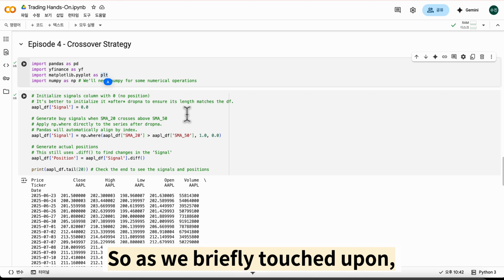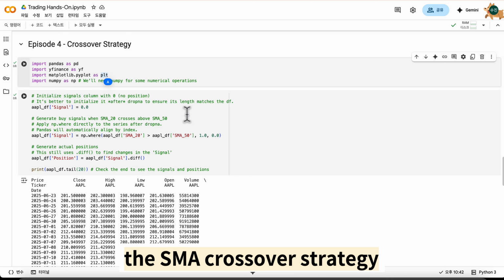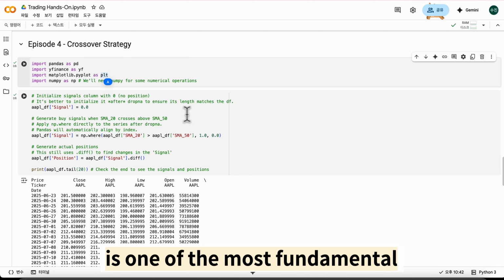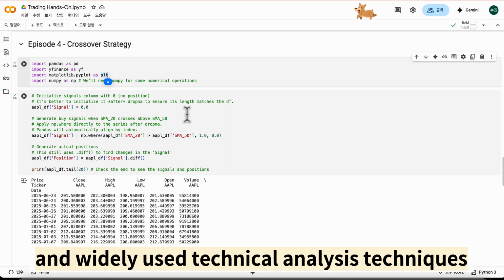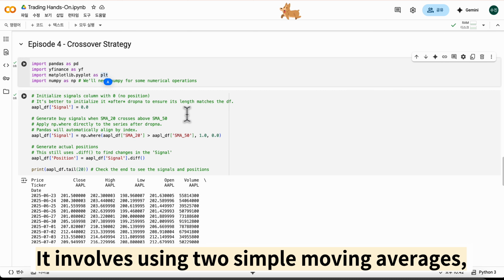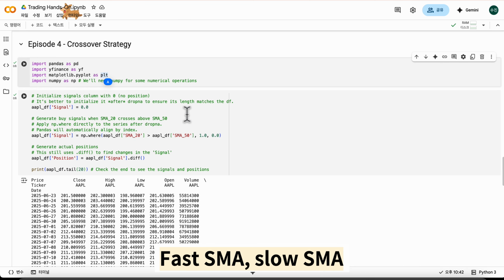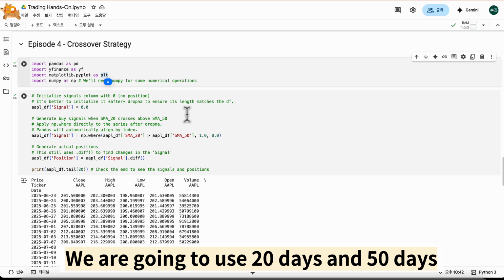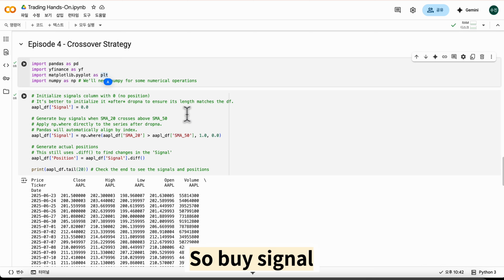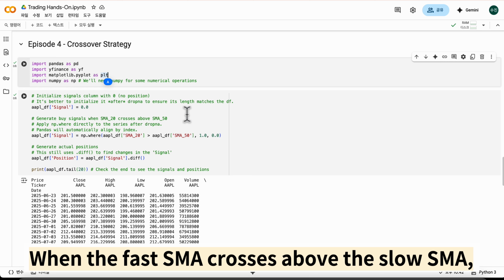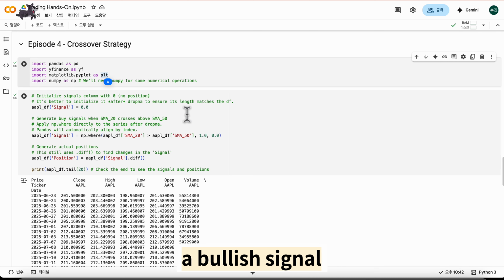As we briefly touched upon, the SMA crossover strategy is one of the most fundamental and widely used technical analysis techniques. It involves using two simple moving averages, a shorter period and a longer period: fast SMA, slow SMA. We are going to use 20 days and 50 days. Buy signal: when the fast SMA crosses above the slow SMA, it's considered a bullish signal.